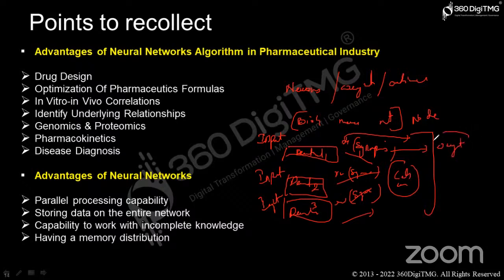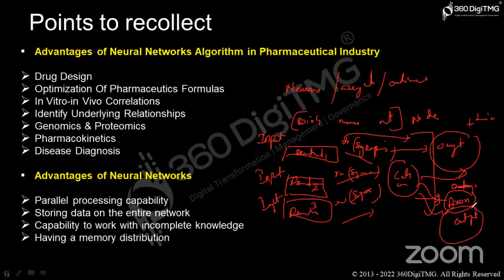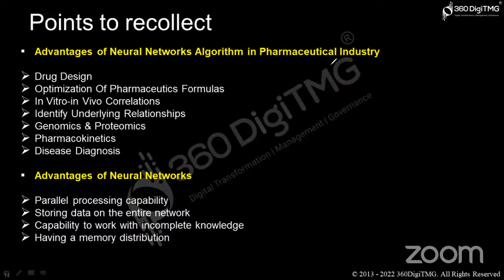Yesterday we saw that weights are added with bias in the process. The cell nucleus is the output, connected to an output resource, which is the axon. In the artificial neural network, the axon is the output. This is the basic comparison, and we saw how biological and artificial neural networks work.